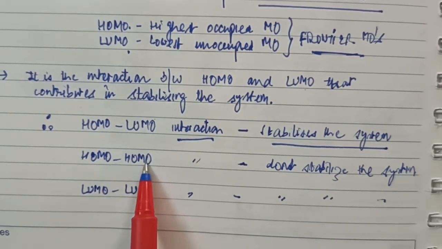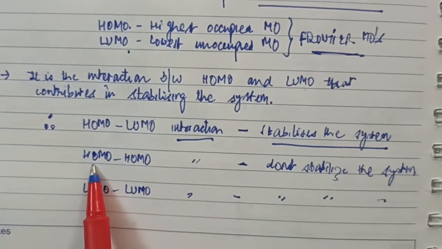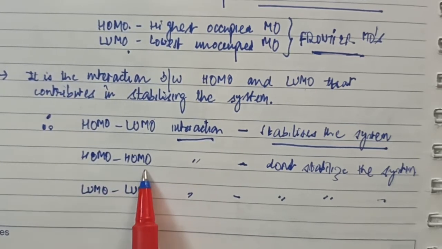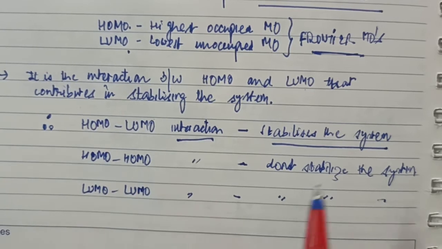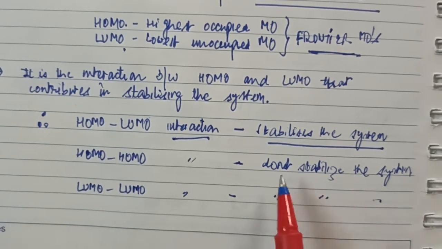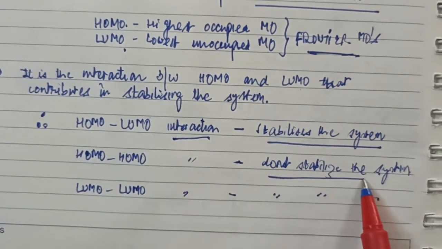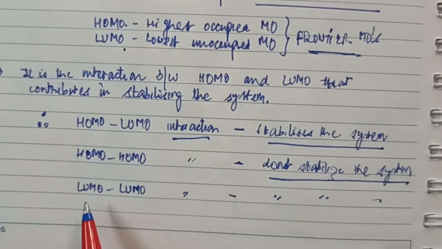The HOMO-HOMO interaction, that is the interaction between the filled molecular orbital of one reactant and the filled molecular orbital of the other, normally does not stabilize, and on the other hand, it destabilizes the system. Similarly, for LUMO-LUMO, there is no such interaction because LUMO means it is unoccupied, and two unoccupied molecular orbitals do not really interact. It's just a hypothetical orbital system where there are no electrons, so they will not interact.